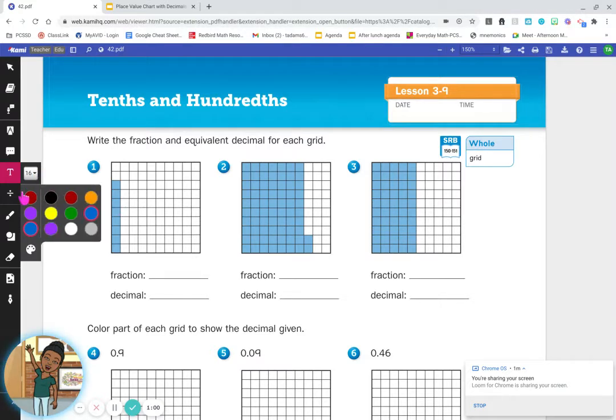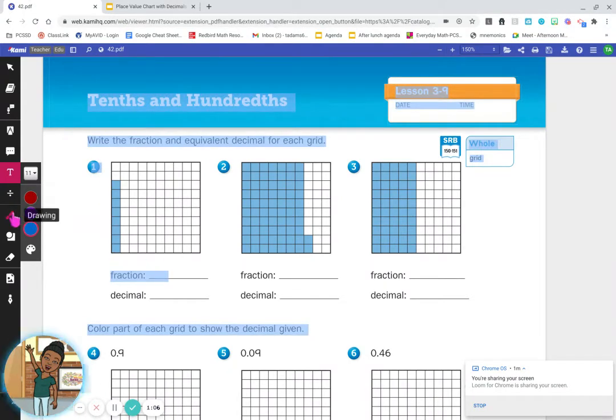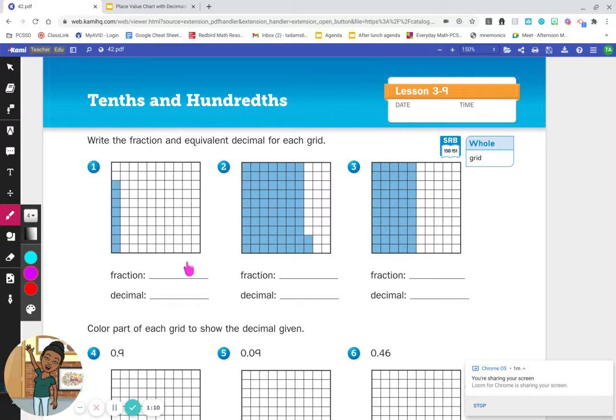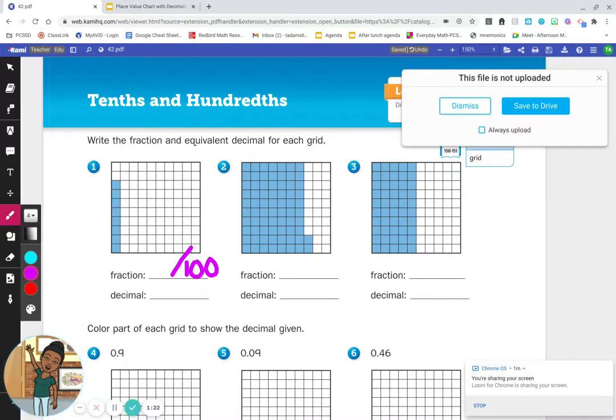The denominator is how many parts we have total. The first thing we're going to do is write how many parts we have total. And I know that we have 100 because this is a 100 block. So I know my denominator, my bottom number, is going to be 100.